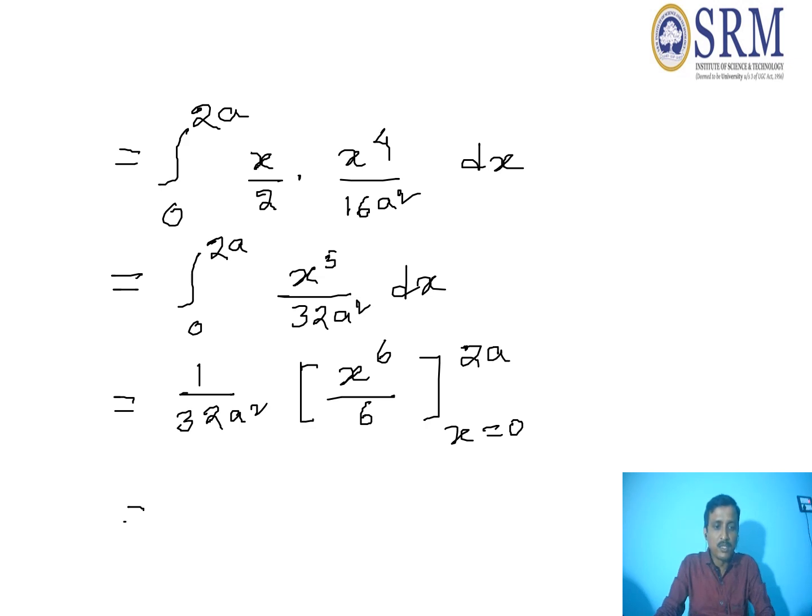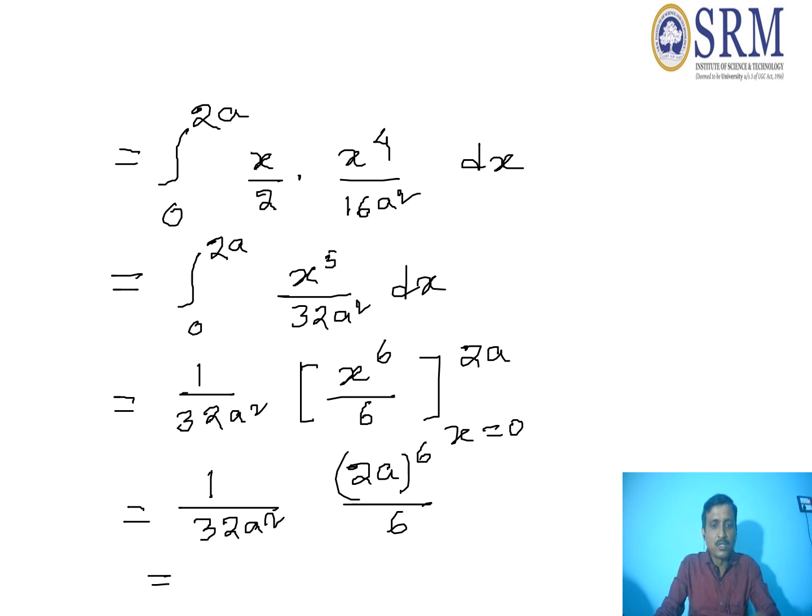Now substitute the limits. Basically you have 1 by 32 a square, and it is 2a to the power 6 divided by 6, and the lower limit is 0, minus, it will come 0. Then if you evaluate these things, just do some simplification.